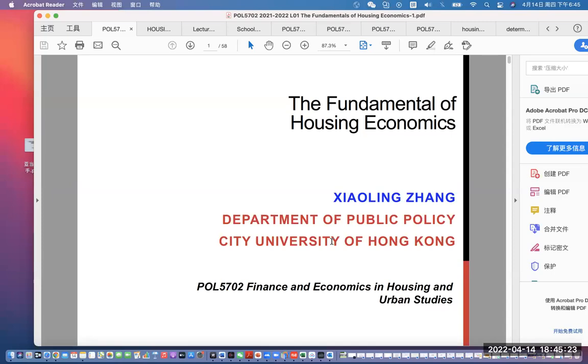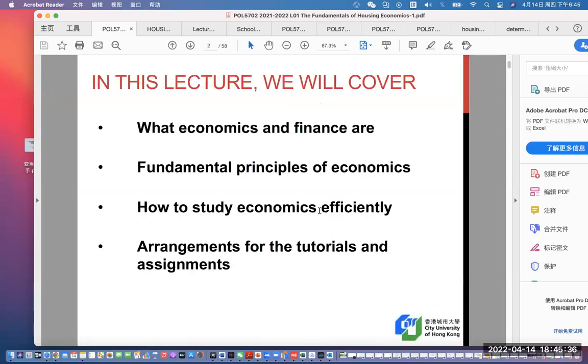So let's start from lecture 1. As you would see from the first lecture lines, we generally introduce what economics and finance are, what the fundamental principles of economics are, and how to study economics efficiently, and also the arrangement for the tutorials and the assignments.